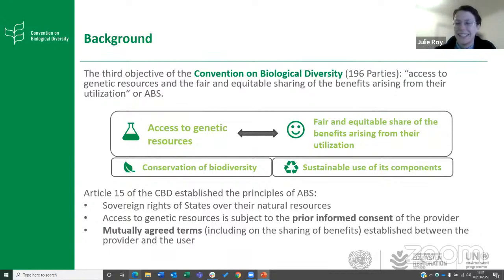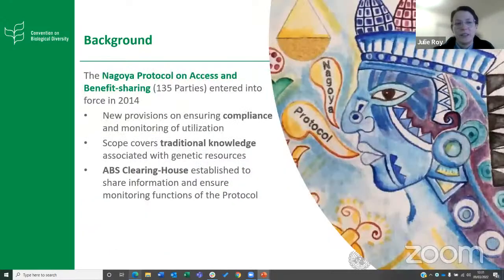Next slide, please. And since 2010, we have the Nagoya Protocol on Access and Benefit Sharing. It entered into force in 2014, and it now has 135 parties. So both ABS under the CBD and the Nagoya Protocol will be covered in the Global Biodiversity Framework.